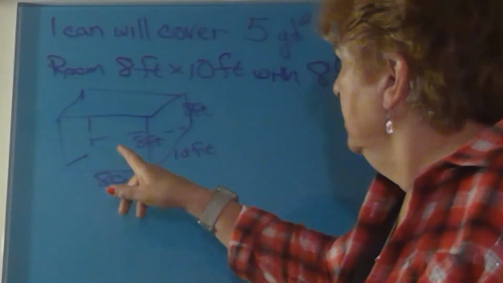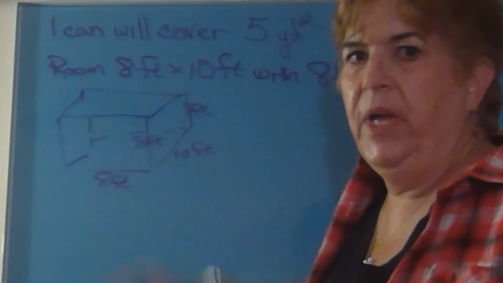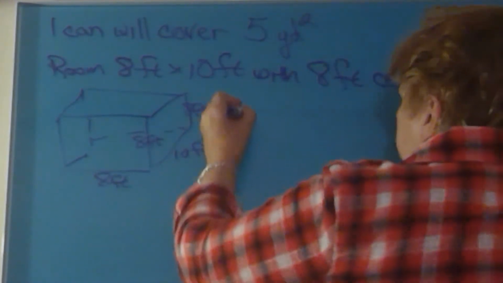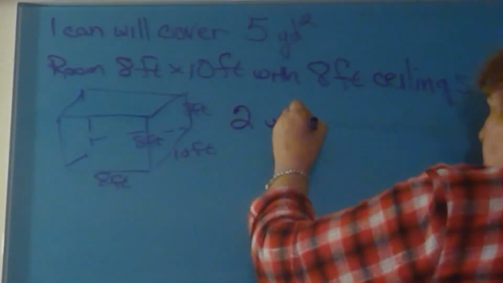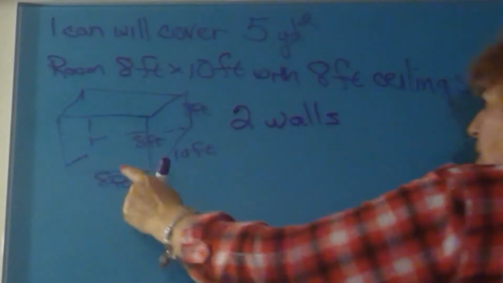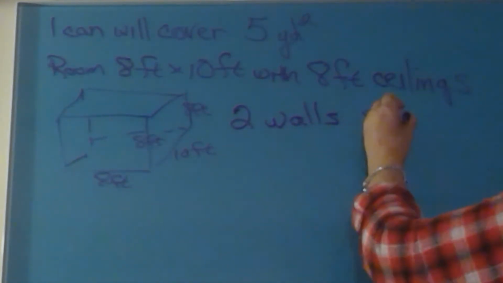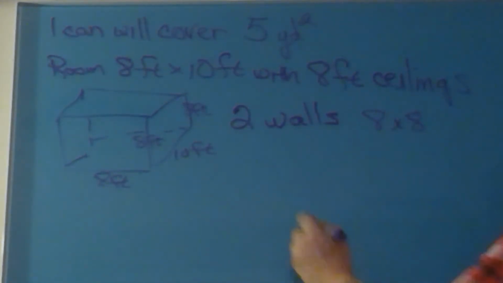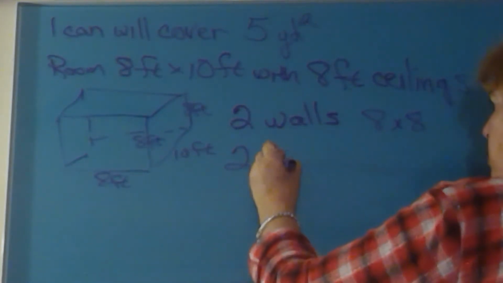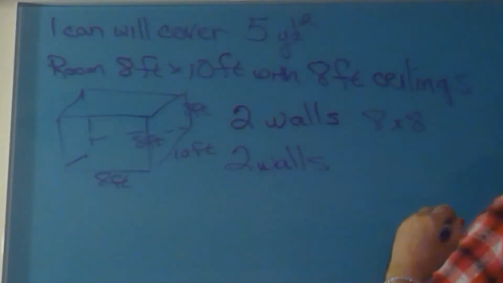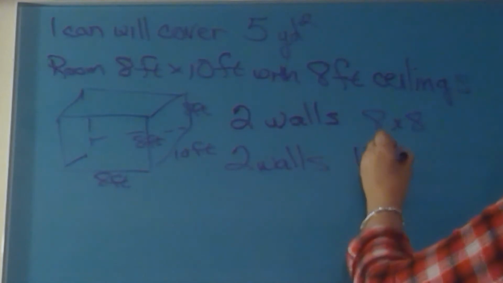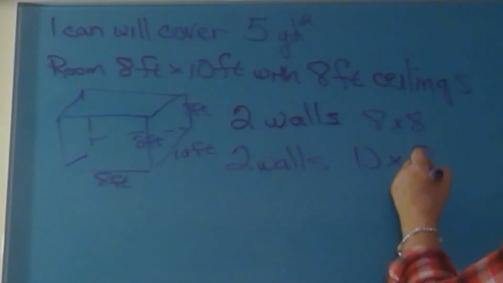That means the front and the back, the way I have it drawn here, you've got 2 walls that are 8 feet by 8 feet, and you've got 2 walls that are 10 feet by 8 feet.